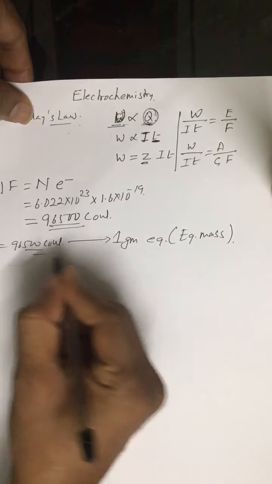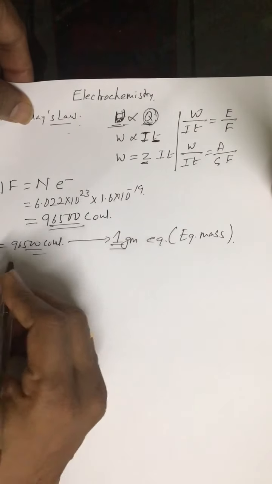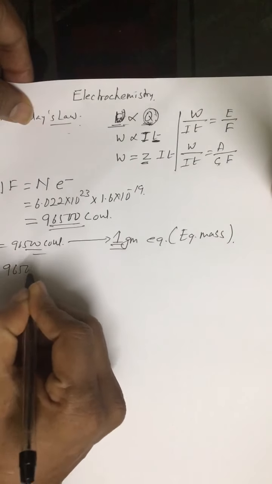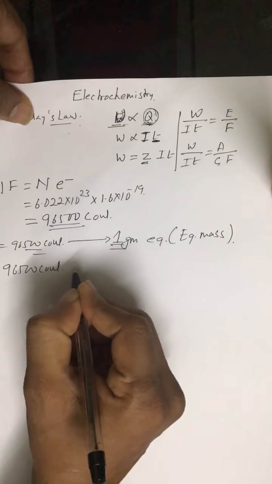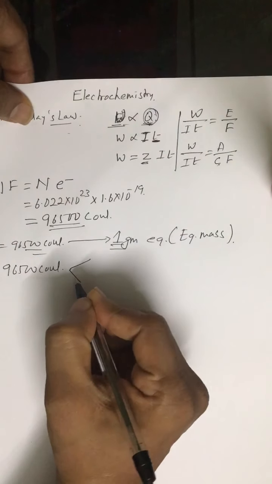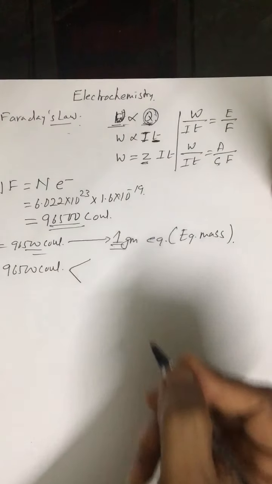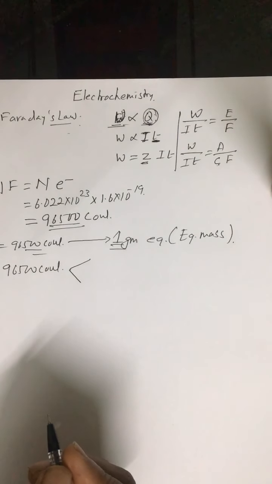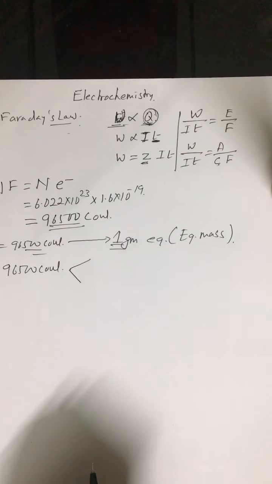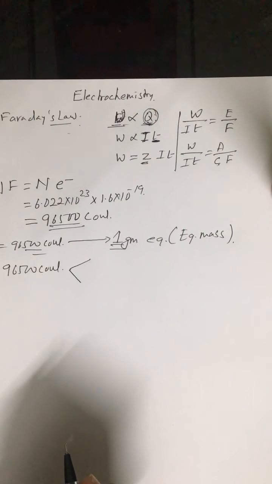This statement is very important. It means 96,500 coulomb of charge can displace, that means it can be deposited, or if it is a gas it can evolve, 1 gram equivalent of a substance.